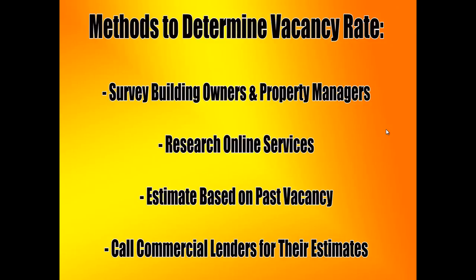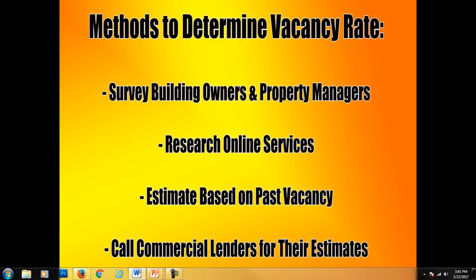Or you could take the last 3 years or the last 5 years, look at the vacancy over those periods of time on the building itself, and figure that if the building's been vacant roughly 5% of the time each year, it'll probably continue to be vacant 5% of the time unless there's something major shifting in the area in the marketplace, like a big economic downturn or an upswing.